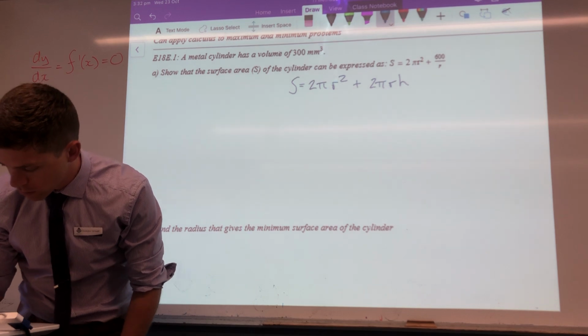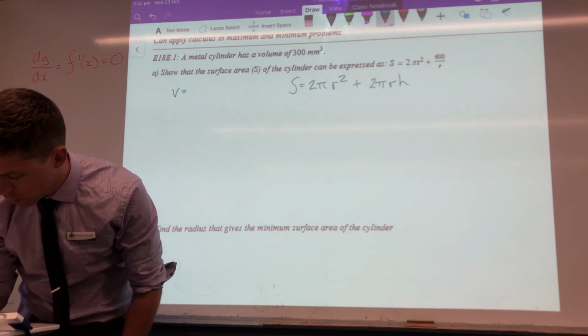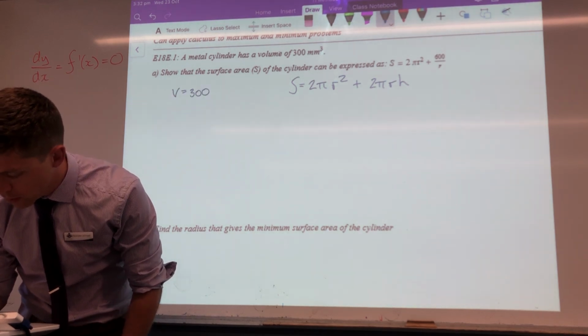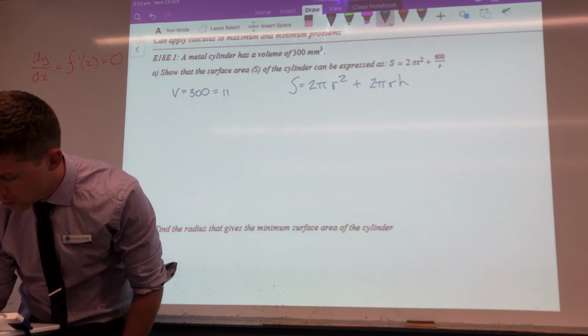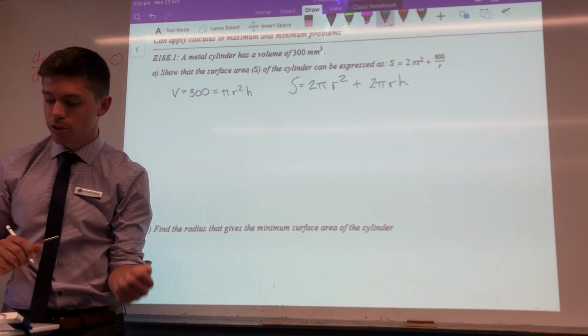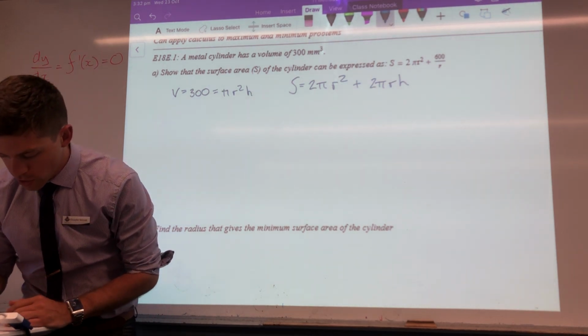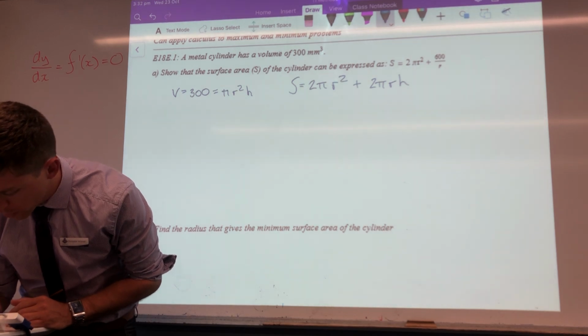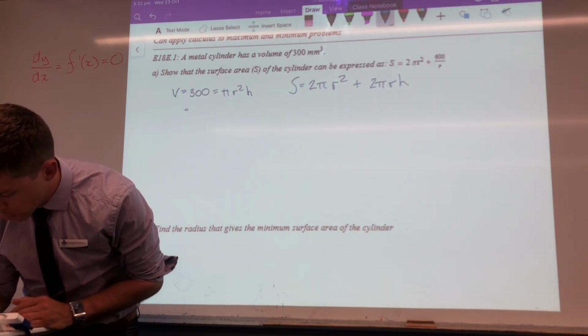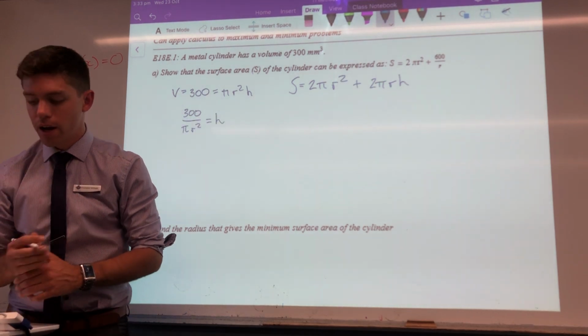The volume is equal to 300 millimeters cubed, and we know that the volume is also given by pi r squared multiplied by h. So if we rearrange this formula a little bit, we get 300 over pi r squared, and all this is equal to h.